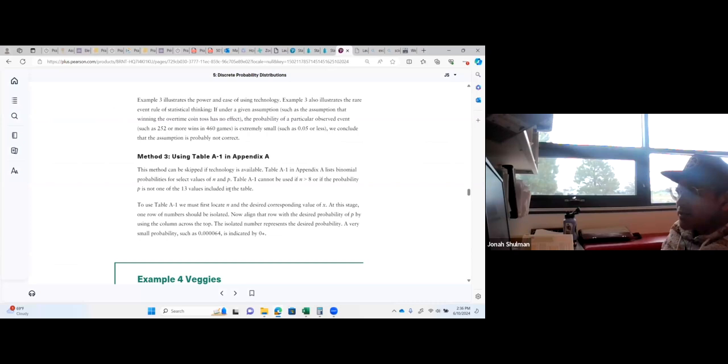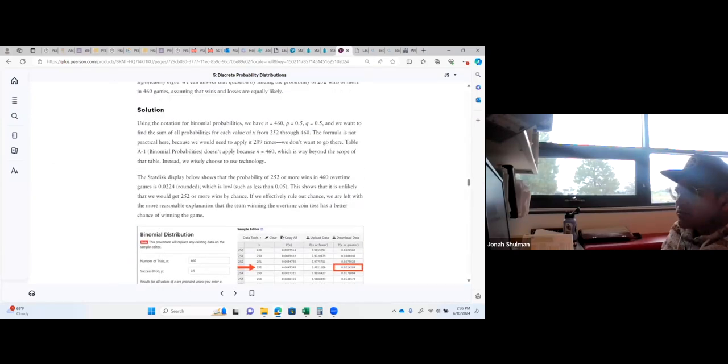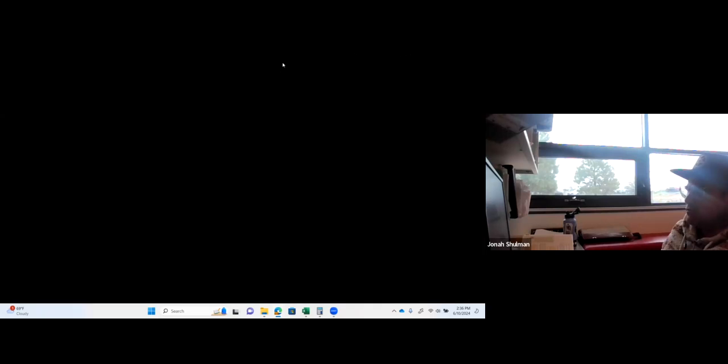So we don't have access. The StatDisk. Maybe we do. Let's see if we can find StatDisk.